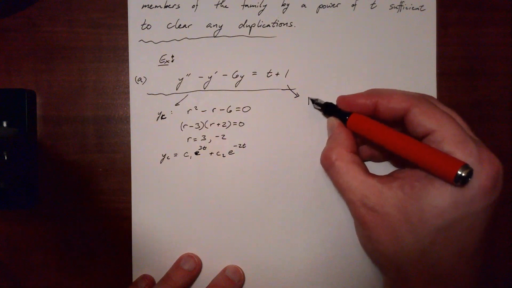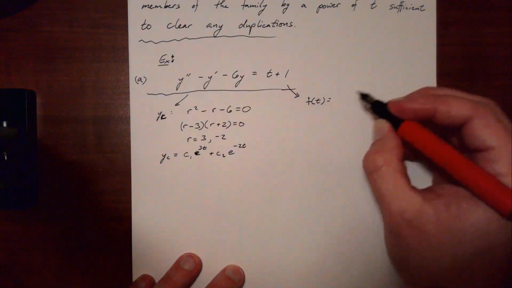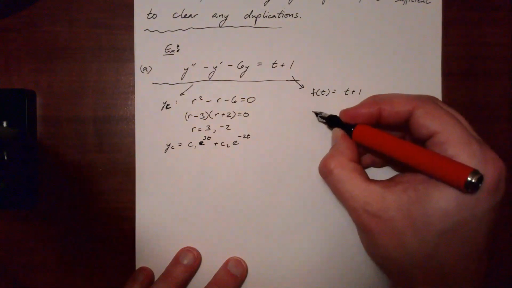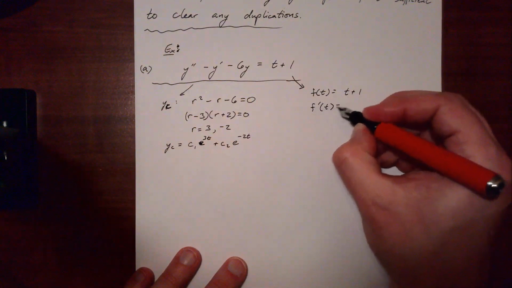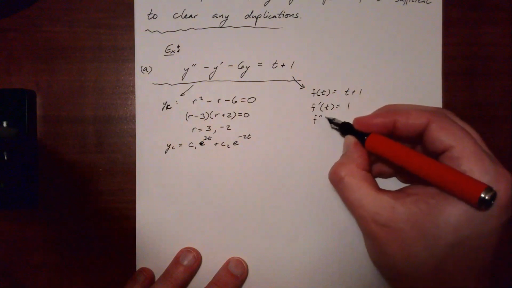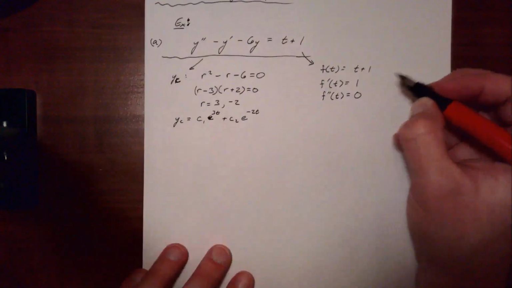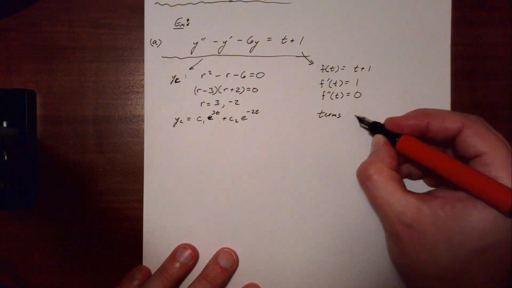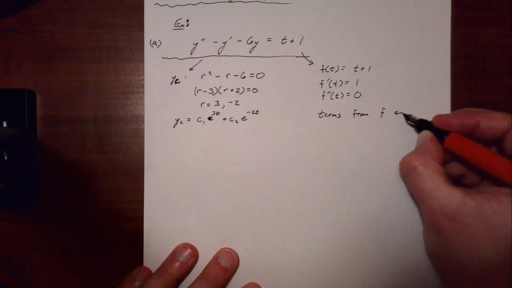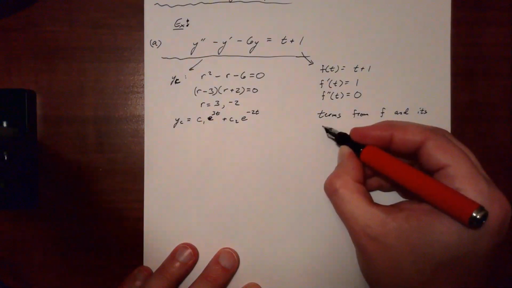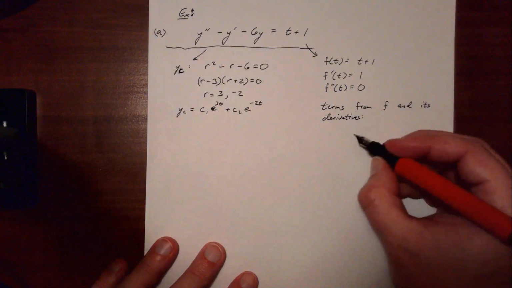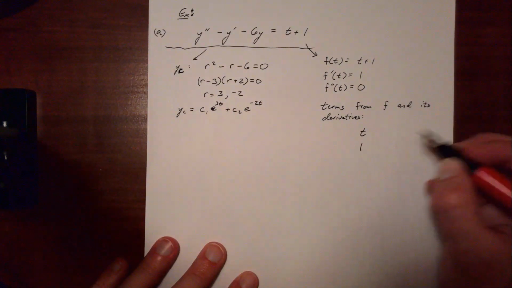Now f of t here is equal to t plus 1. And if I think about what the derivatives of f of t are going to make, f prime of t is just going to equal 1, f double prime of t is going to equal 0, and so altogether the terms from f and its derivatives will be just t and 1.